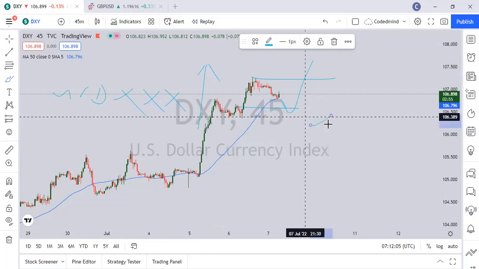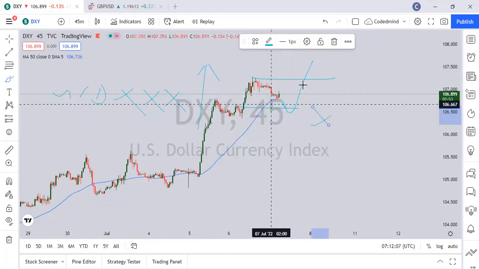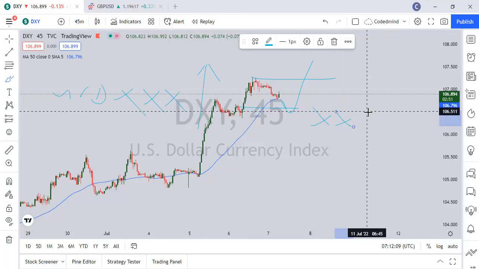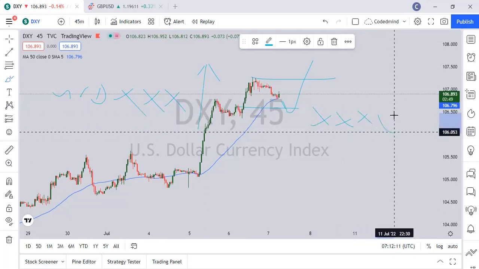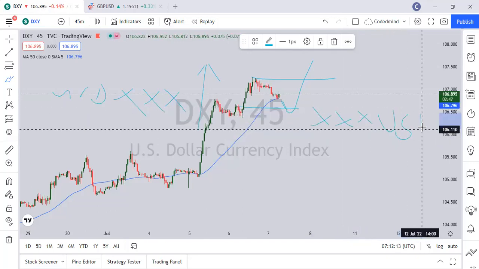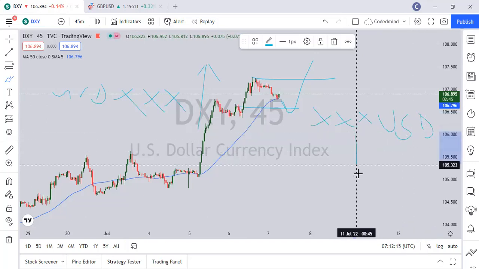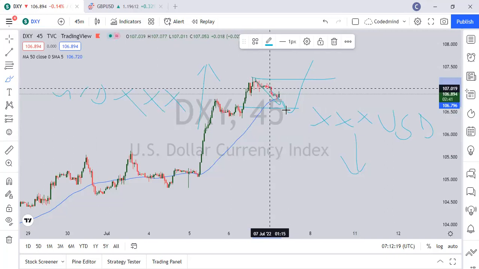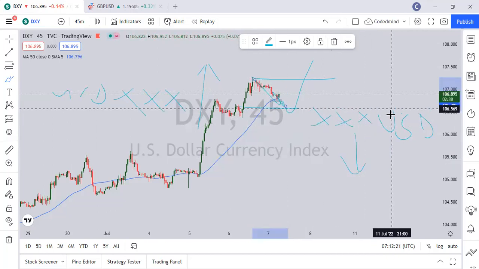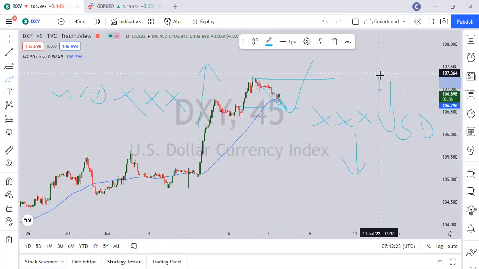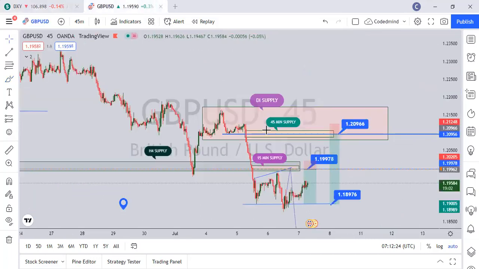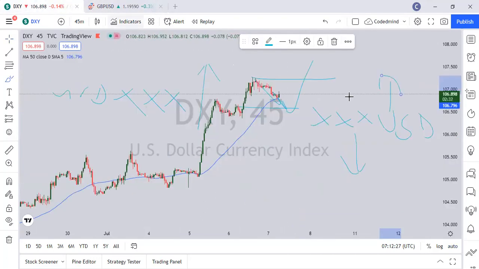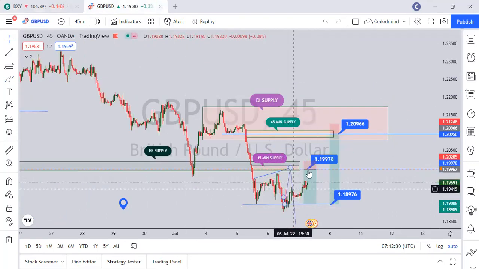And anytime you have the DXY bullish, the XXX pairs against the USD are hot bearish. So during the process where DXY is pulling back, these XXX pairs will be going up, which is what is happening currently on GU, because DXY is making a pullback. You can see GU is also going up.